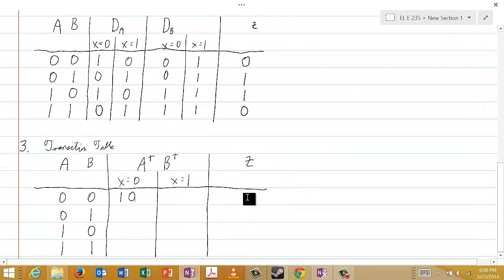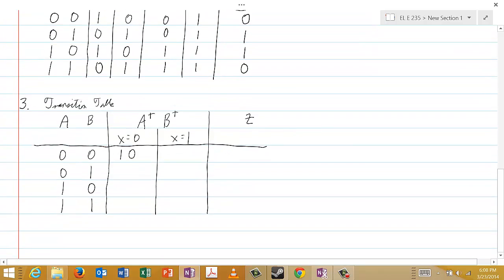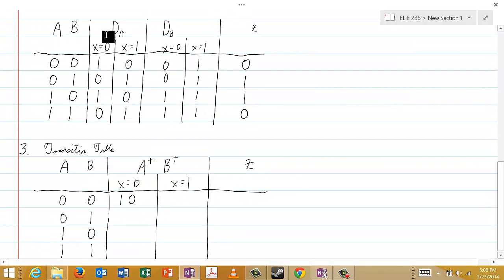So when the present value of A is 0 and x is equal to 0, that will make the D sub A, which is the input to the A flip-flop, 1. And when the input to a D flip-flop is 1, it doesn't matter what the present state is, the next state will be 1. So that's why the next value of A, A plus, is equal to 1.